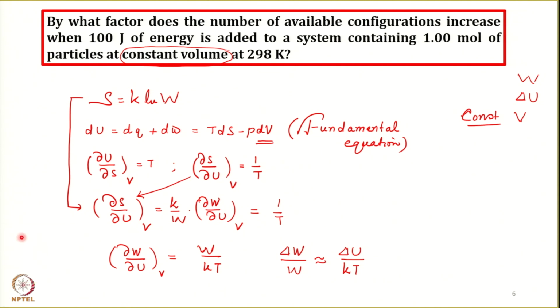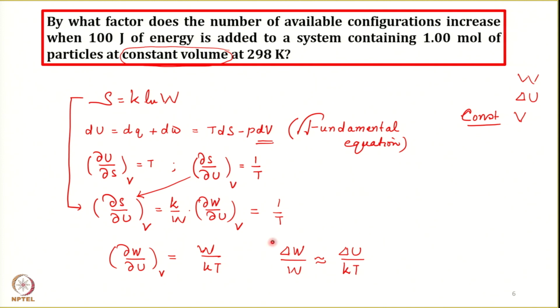Your question says, by what factor does the number of available configurations increase? This will allow me to get that factor. When 100 joules of energy is added to the system, I know delta U is 100, containing 1 mole of particles at constant volume. This equation I have derived under constant volume condition at 298 K. So I know 298 K.